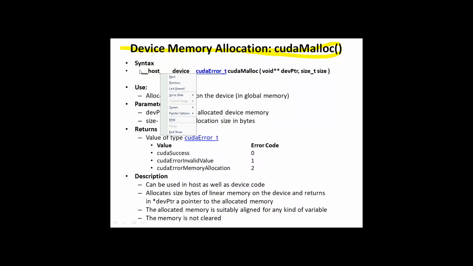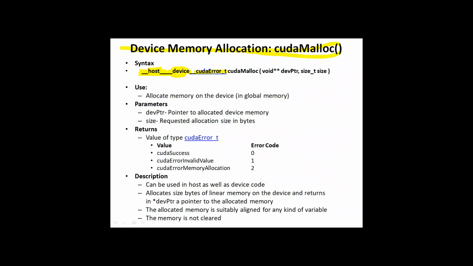Its syntax is __host__ __device__, meaning it is supported for the device as well as the host. We can write it into the host code and also into the device code, and its return type is the cudaError_t enumeration type.